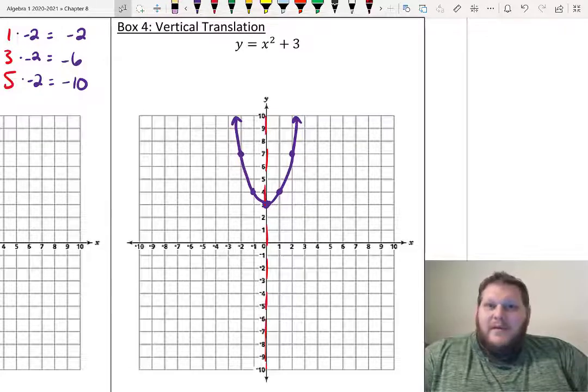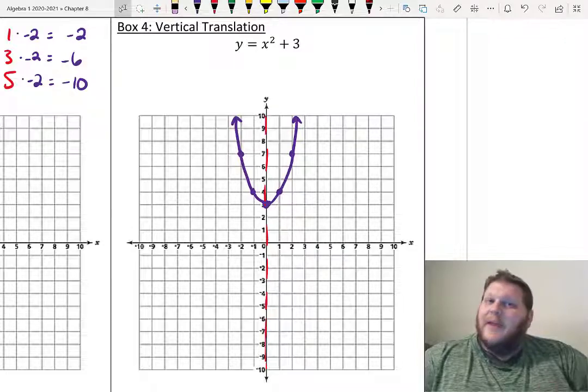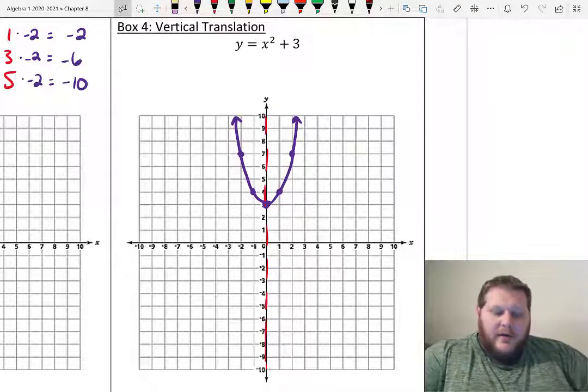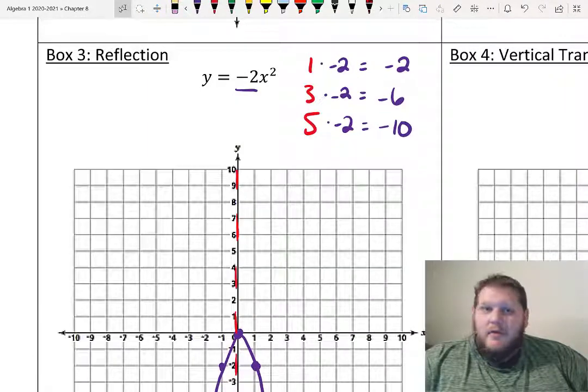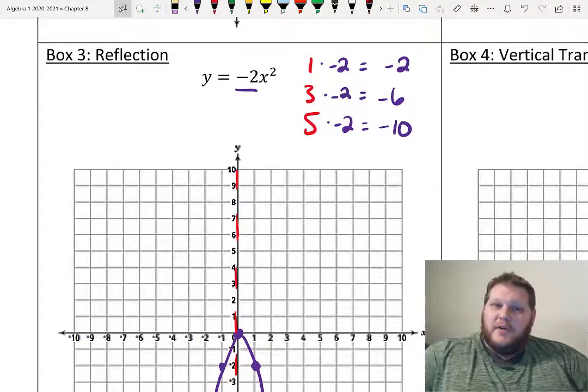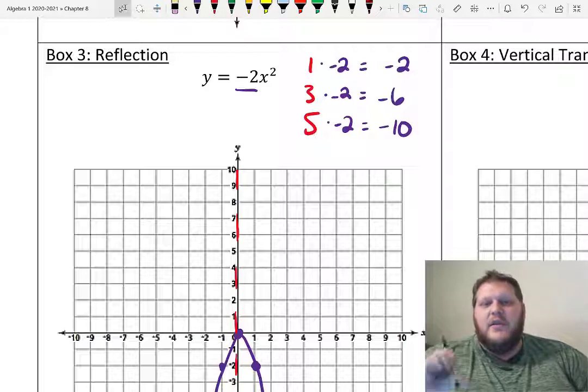What we need to walk away with today is being able to graph once I know where the vertex is. So just following that 1, 3, 5 shortcut, or if I have something out in front of my x squared, like I did in boxes 2 and 3, then I just multiplied that number times 1, 3, 5 to adjust those heights.